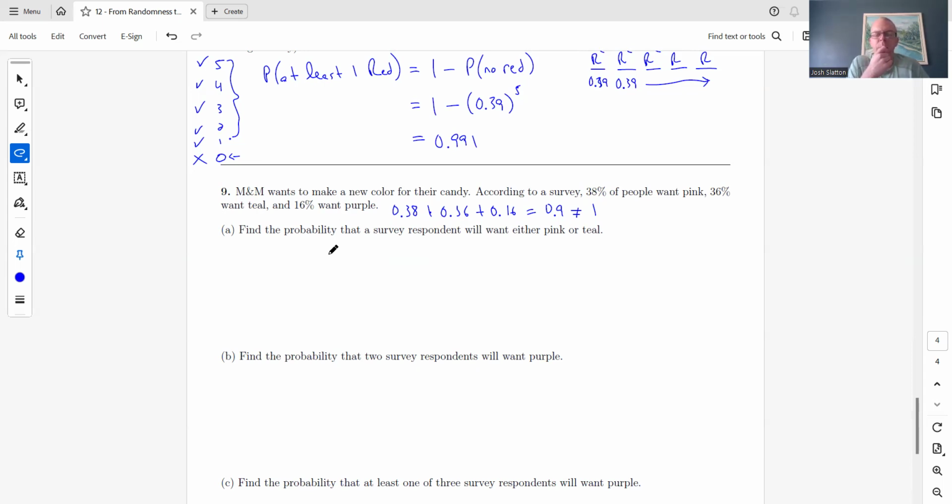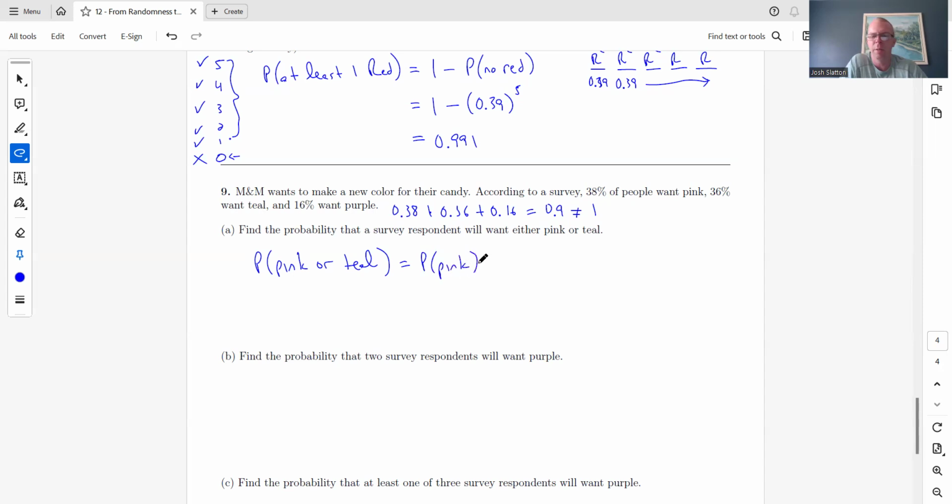All right, so find the probability that a survey respondent will want either pink or teal. So pink or teal, or means add. And we're just getting one survey respondent. The one survey respondent cannot pick two colors. That's kind of the assumption. They're going to pick one or the other.